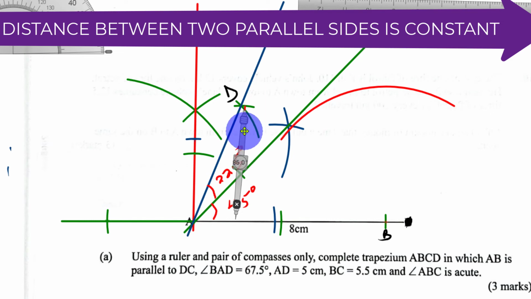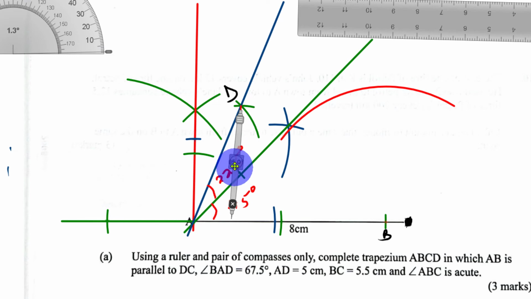So in this case, if I take this measurement from D, let me place it here. If I take that distance, because the parallel line will pass through this point. It will pass through D like this. And the other one, line AB, is here.